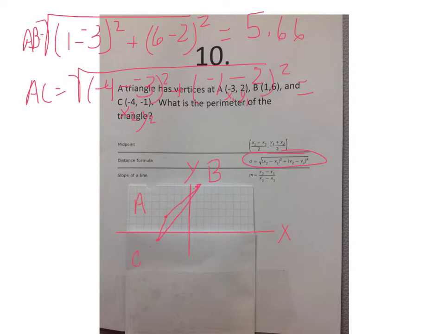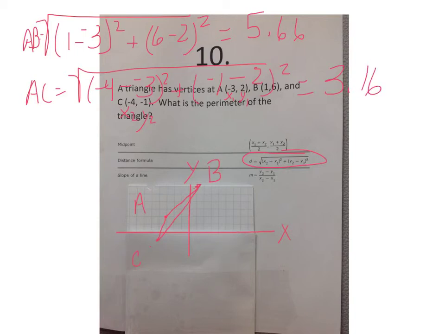So when we plug that into the calculator, we get, let's see, square root of negative 4 minus negative 3 squared plus negative 1 minus 2 squared, and we get 3.16.